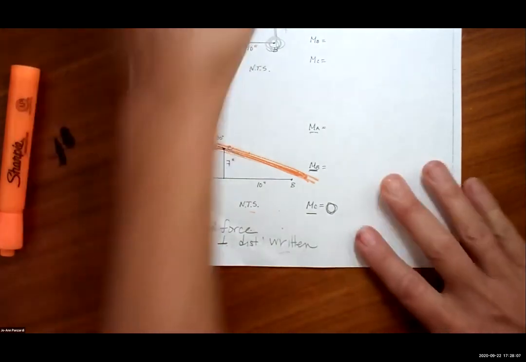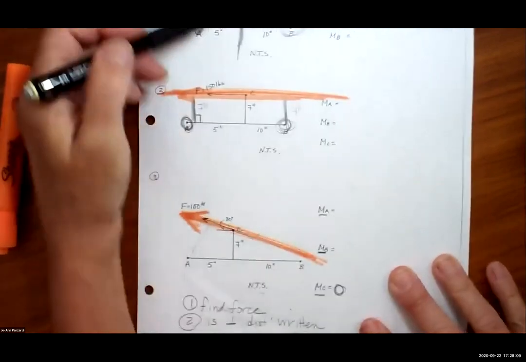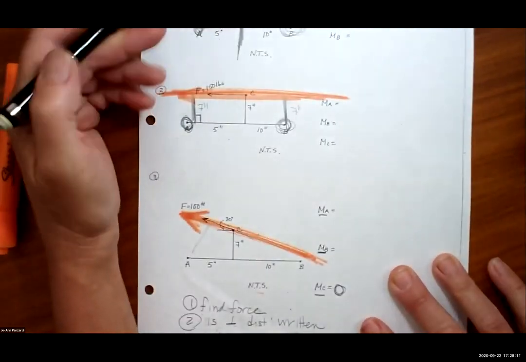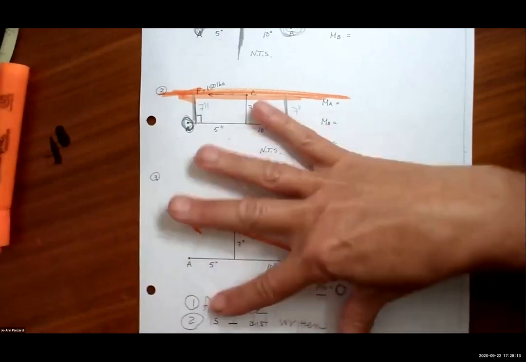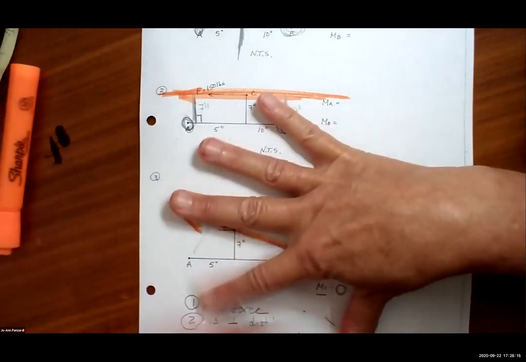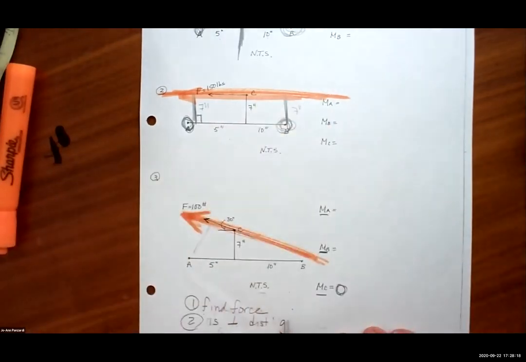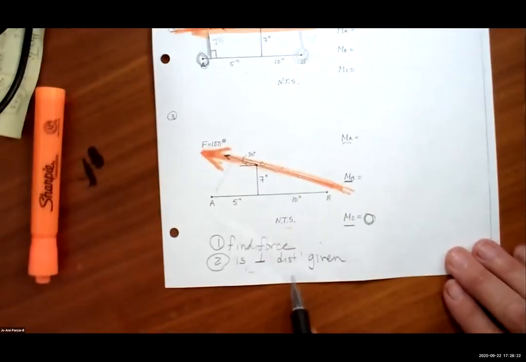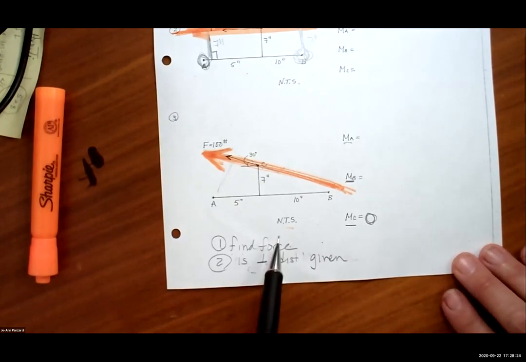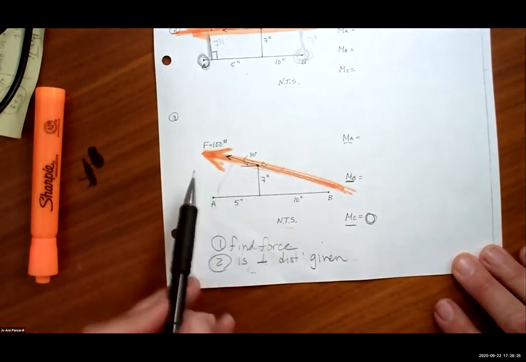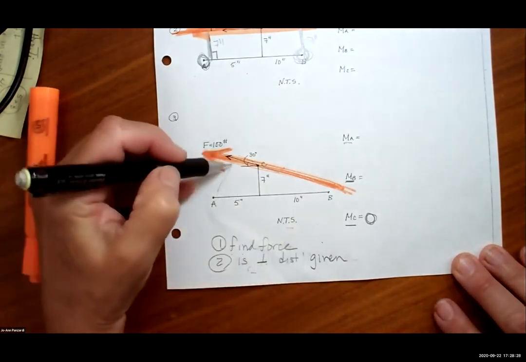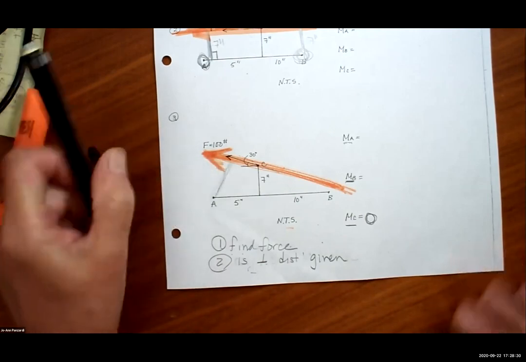But here, in these two questions up here, we were able to see the perpendicular distance. It was a distance given. Is the perpendicular distance given? That's my question. So, Jack, is the perpendicular distance given to find the moment about A?